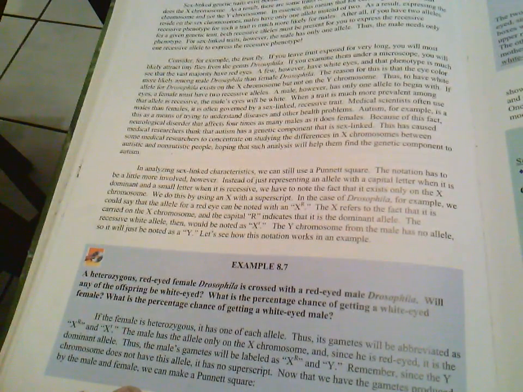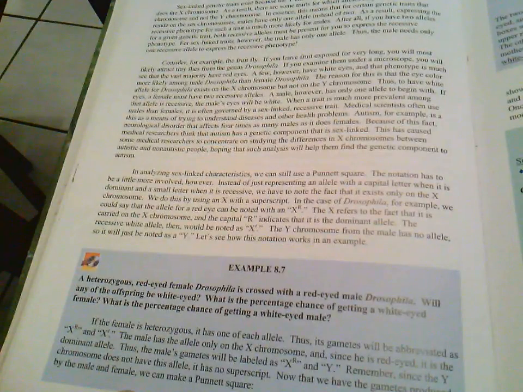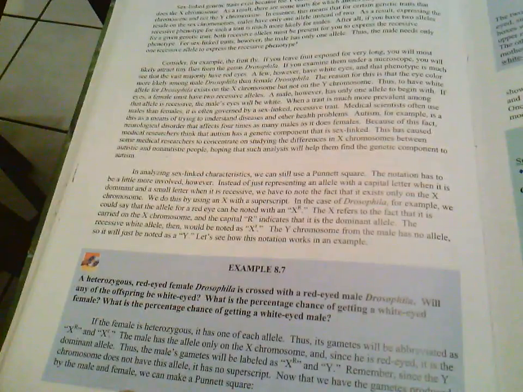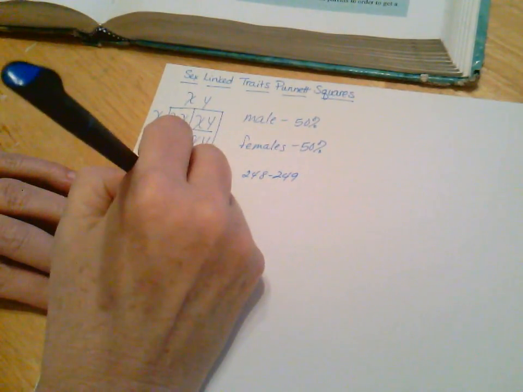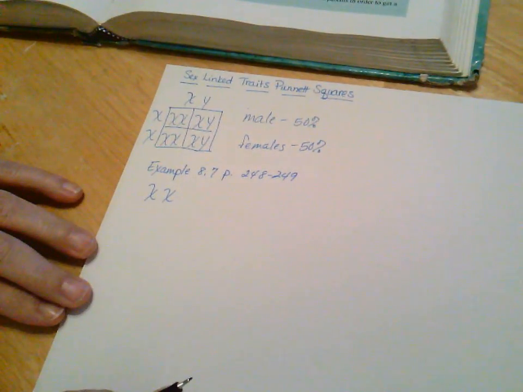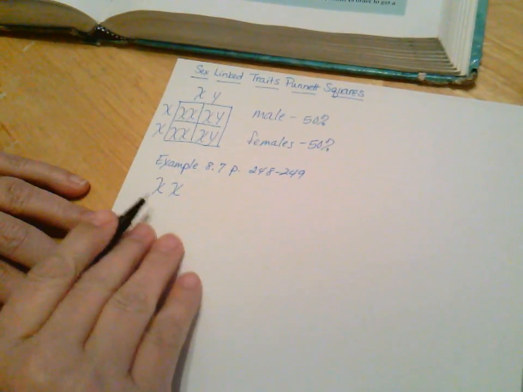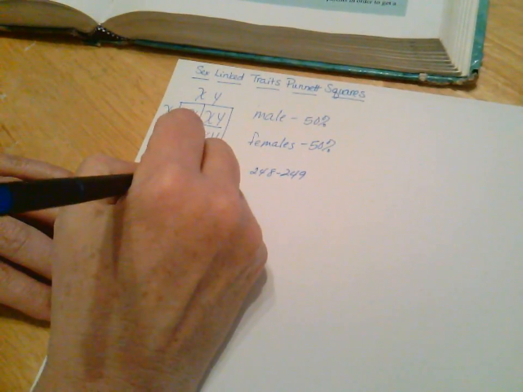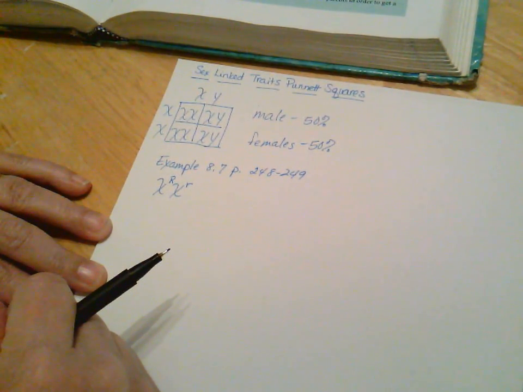Okay, so we have a red-eyed female, and we know that she's heterozygous, so we can say that she is big R, little r for the trait, but remember she is also female, and this is sex-linked. So we're going to put her down as XX, with a superscript of big R, little r.